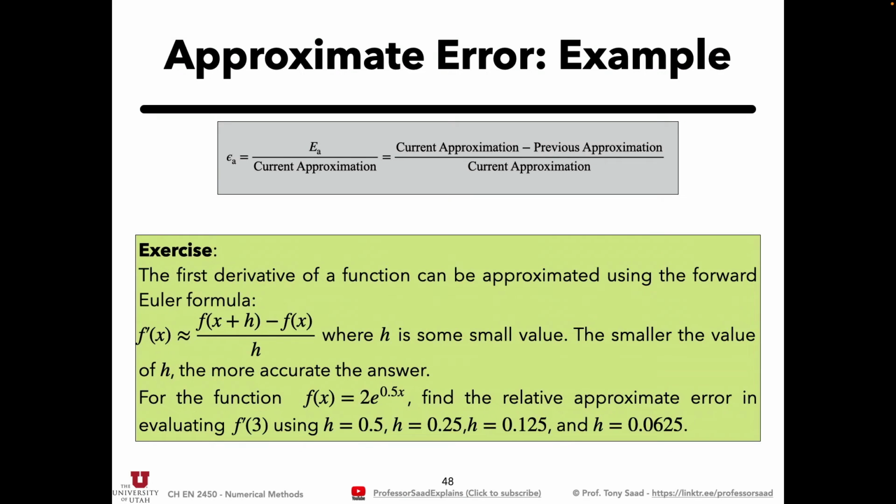So the question is, for that same function we dealt with, 2e to the half x, find the relative approximate error in evaluating f prime of 3 using these values of h: 0.5, 0.25, 0.125, and 0.0625. So what I'm doing here is starting with a value for h, and then cutting it in half, and in half again, and I want to see what happens to the relative approximate error.